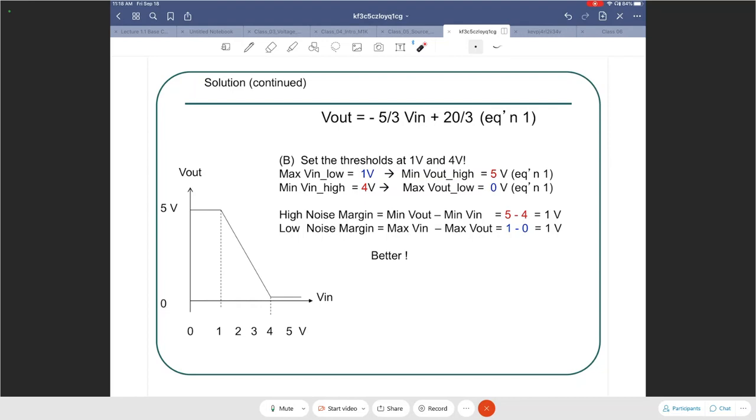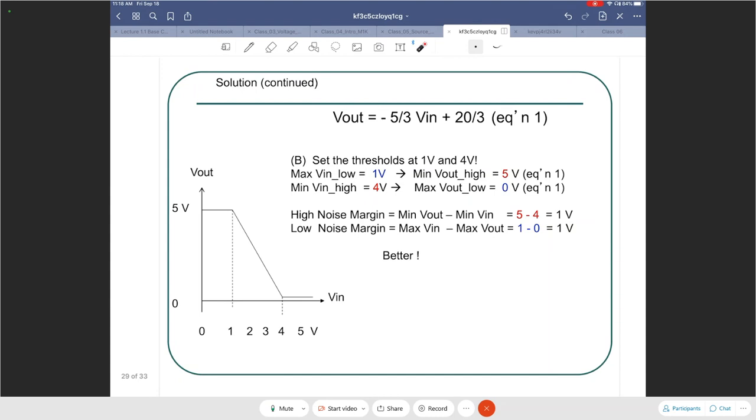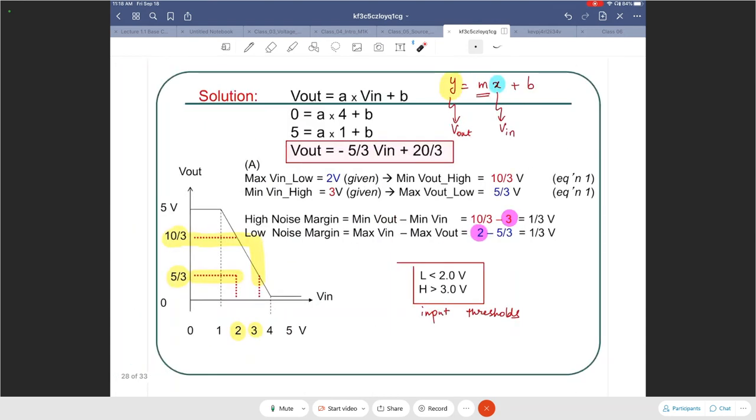And because of that, our subtraction has become 1 and 1 for both the high and the low levels instead of 1/3 each. So it has increased, hence better. So what would you do? You would move this one here and you would move this one here, right? So increase 3 and lower 2. That's what you would do.